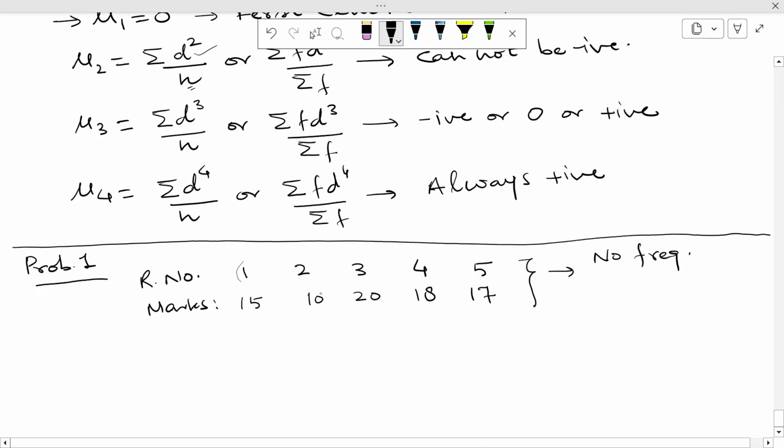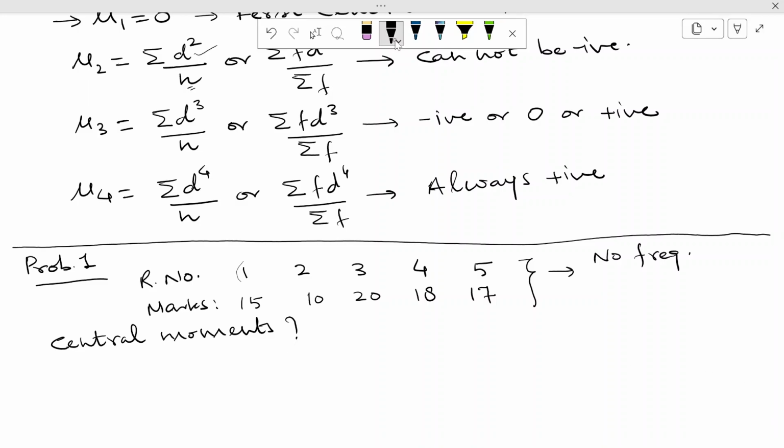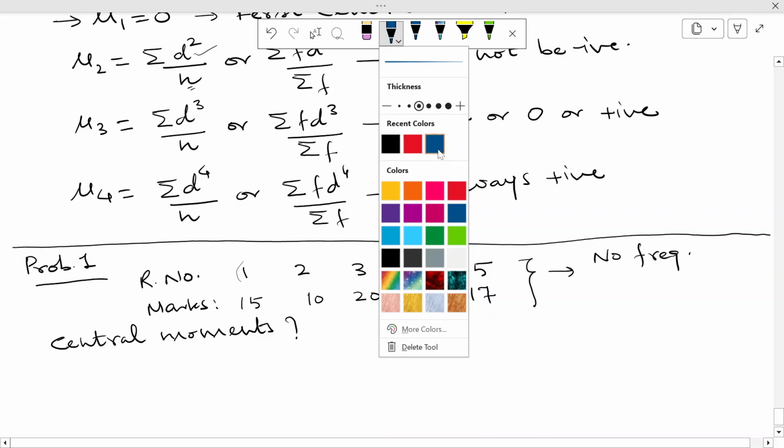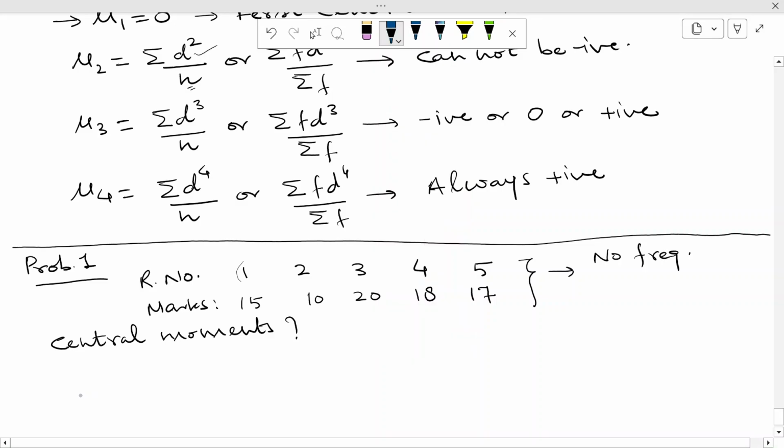So we are having an individual series, and we have to find out the central moments. Okay, in this case, central moments. So we know that if we have to calculate the central moments, then let us begin with the solution.